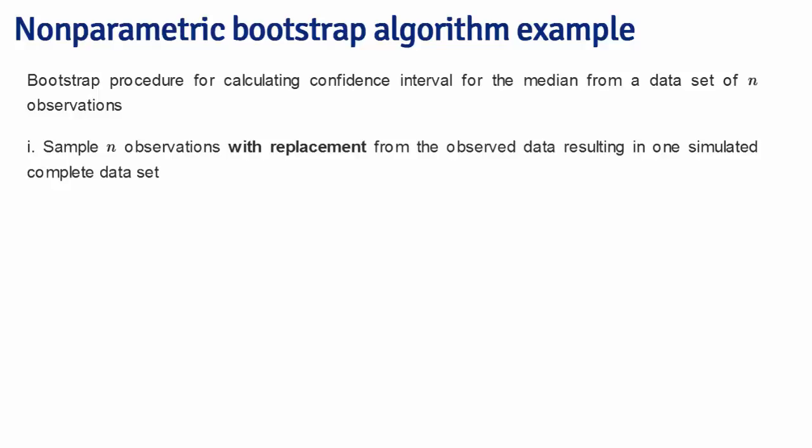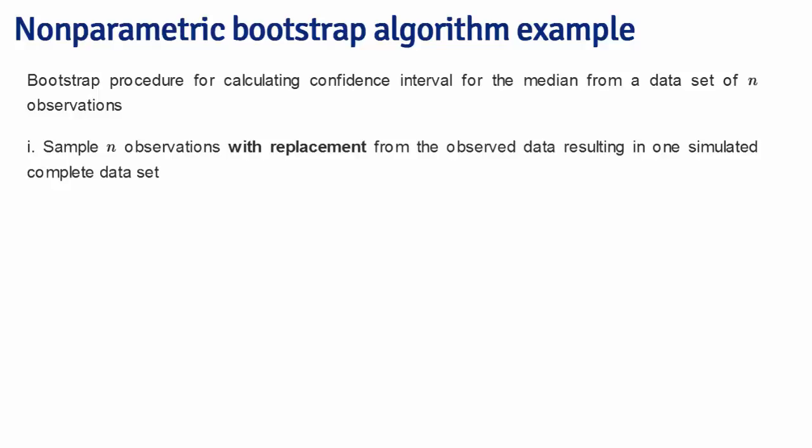Remember, when you sample from the observed data, you're going to sample with replacement. If you didn't do it with replacement, then after having sampled n of them, you would just have a copy of the data set again, just with the order permuted.